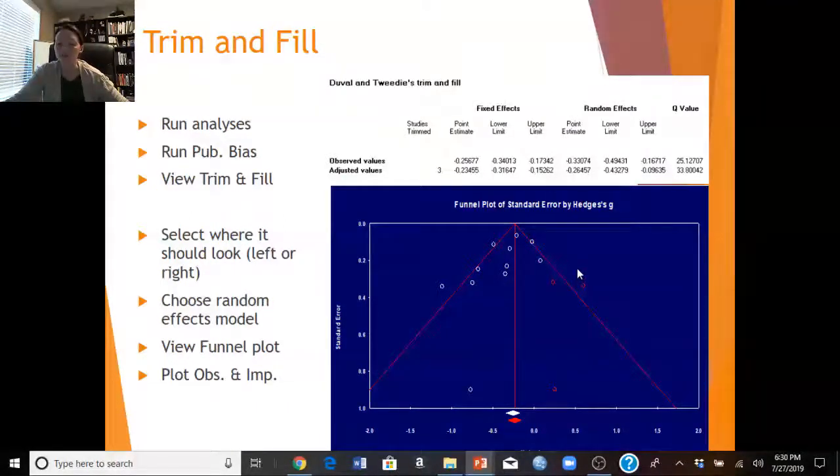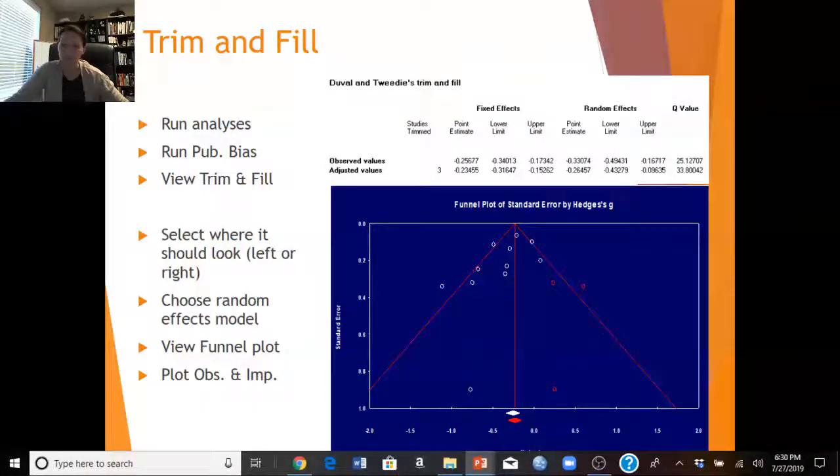So are there studies that should be appearing over here that are less significant that are simply not because we've missed them in some regard? So that's what we're telling the computer to do. So if we're looking at a negative Hedges G, we're going to tell the computer to look to the right of the mean.